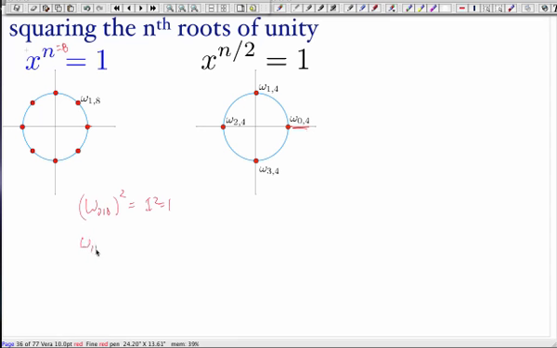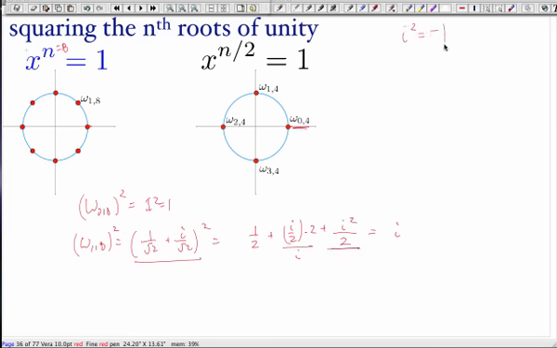Similarly, if we take omega 1,8 and square it, did everybody follow my steps? When I squared this, I just FOILed it out. I get 1/2 plus 2 times i over 2. So this right here is i, plus i squared over 2, which, since i squared is equal to negative 1, these two things are going to cancel out, leaving just i.